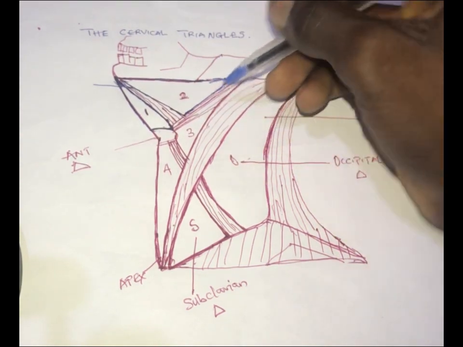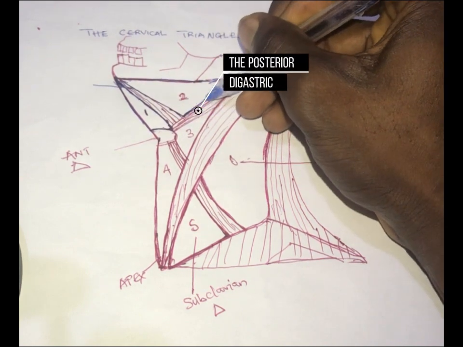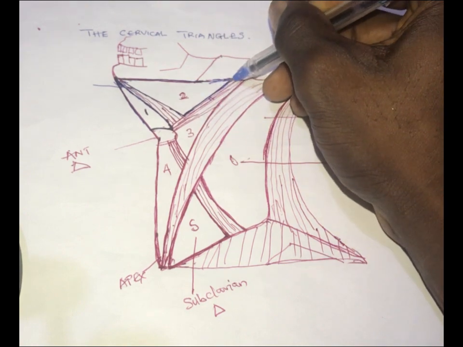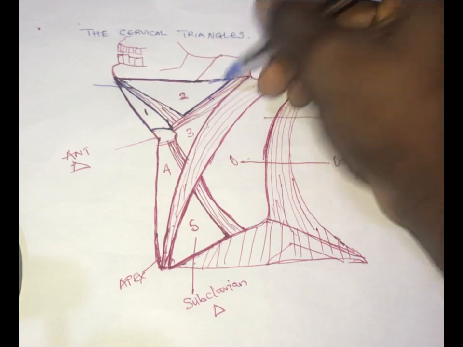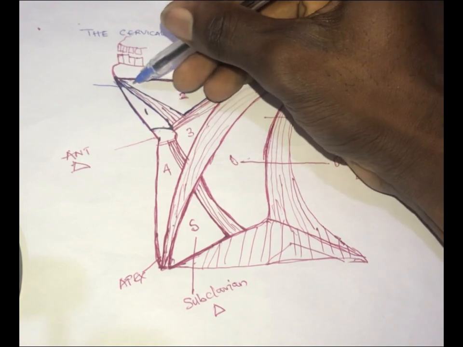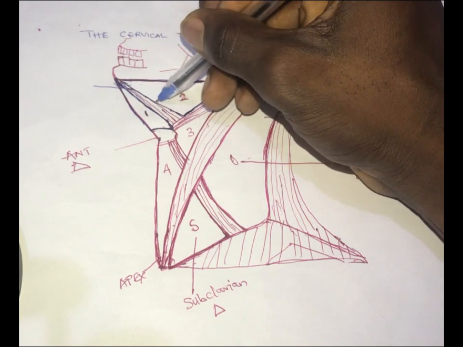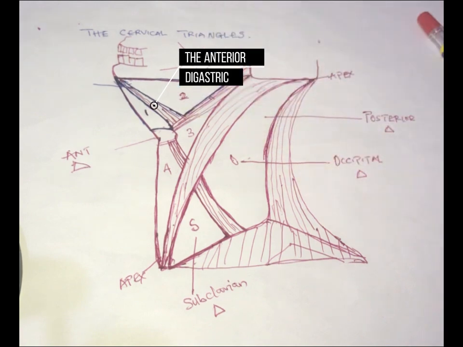Posterior inferiorly, it is bordered by the posterior belly of the digastric muscle, and then it is bordered anterior inferiorly by the anterior belly of the digastric muscle.